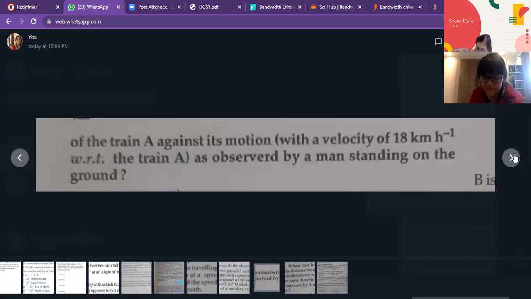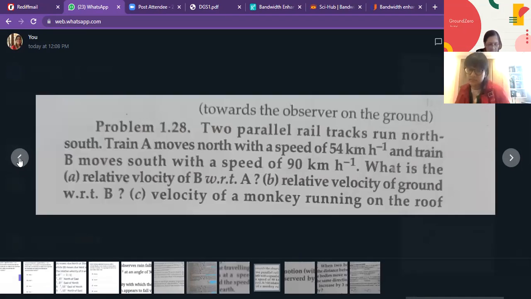So it's saying you have to find the velocity of the monkey running on the roof of the train against its motion with a velocity of 18 kilometer per hour with respect to train. 126 kilometer per hour.